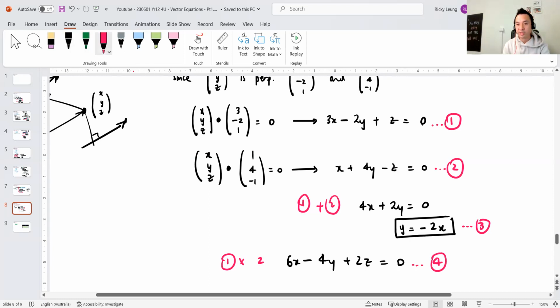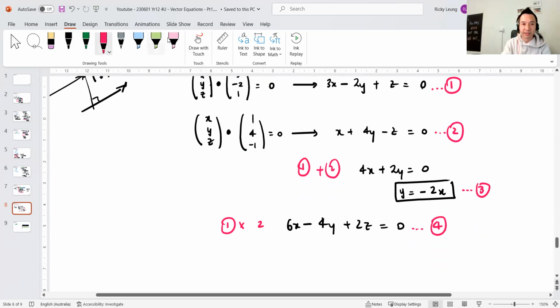And then I will solve that simultaneously with number 2, right? And I can see there, if I added these, the y's would get eliminated, which is great. So number 2 plus 4 gives me 7x, y's are gone, plus z equals 0. So z equals negative 7x.